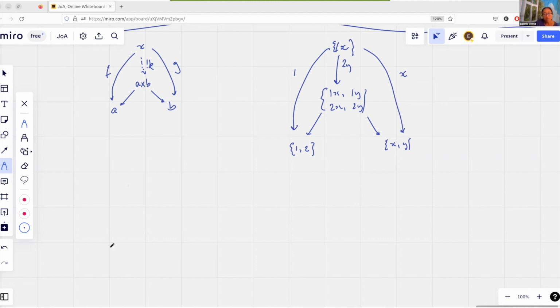The minimal example, I think, is if you just have a single object here, a single element here, and a single element here, but you have two elements here.